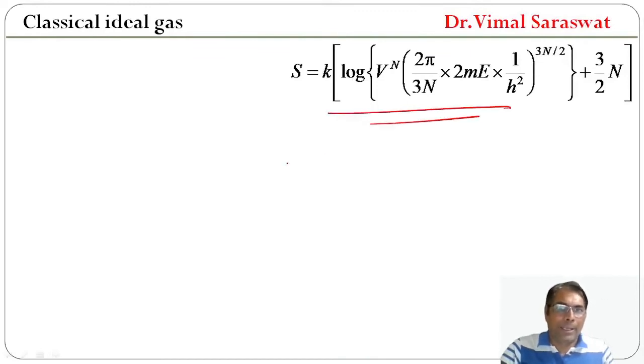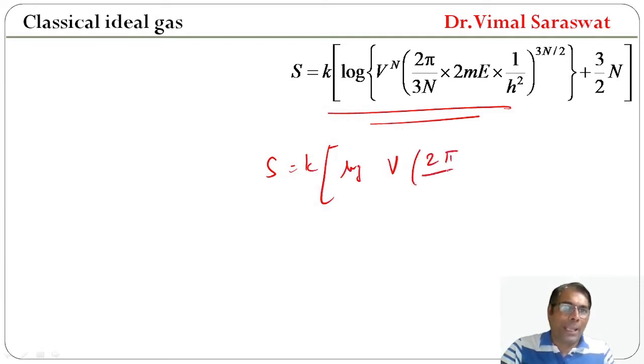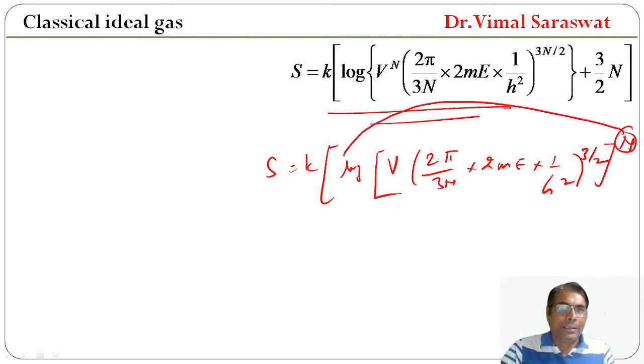Now this will be equal to S equal to K log [V (2π by 3n)(2mE)(1 upon h square)] power 3/2, whole power n, and this n will be in multiplication because log m raised to n equal to n log m.